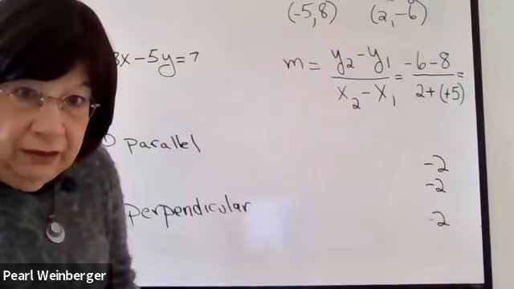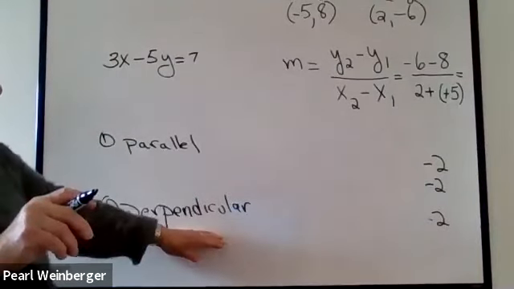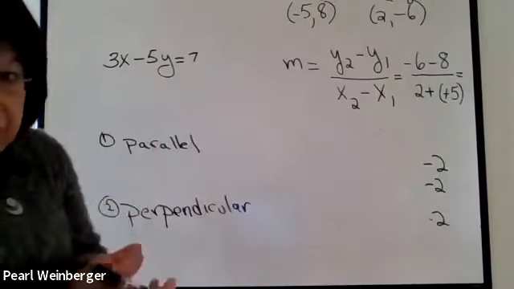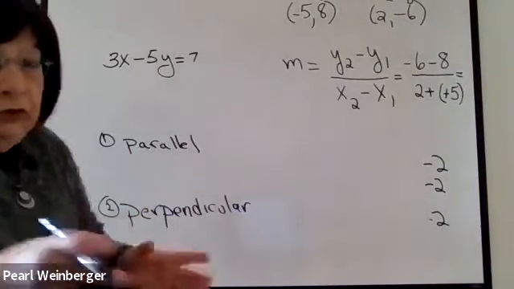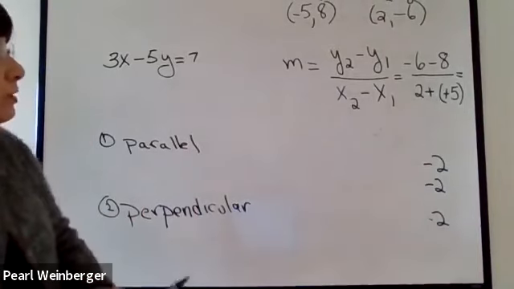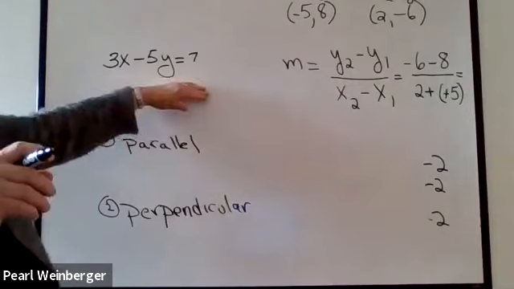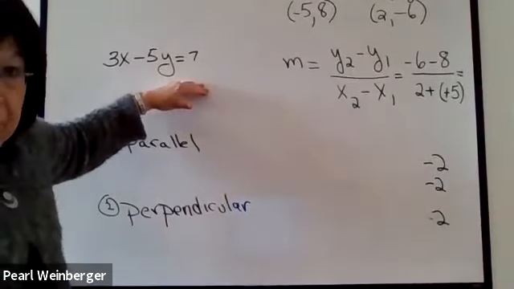Okay, so we said in order for the lines to be perpendicular, what we have to do is take the fraction that is the slope of the original line, flip it over and switch its sign. Opposite reciprocals. Well, in order to do this, the first thing I have to do is take this equation that they gave me and figure out what the slope is.